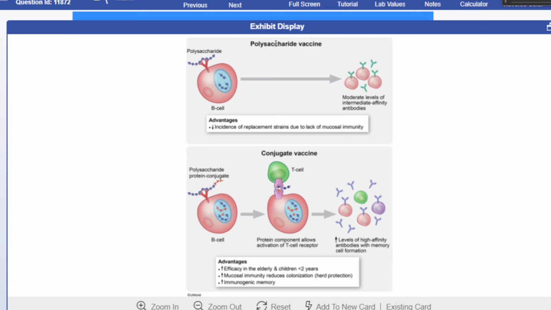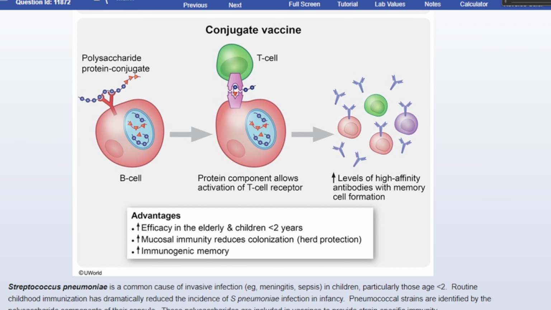In the polysaccharide vaccine you have moderate levels of intermediate affinity antibodies. On the other side, with the conjugated vaccine, you have elevated levels of high affinity antibodies with memory cell formation. So let's read about that.